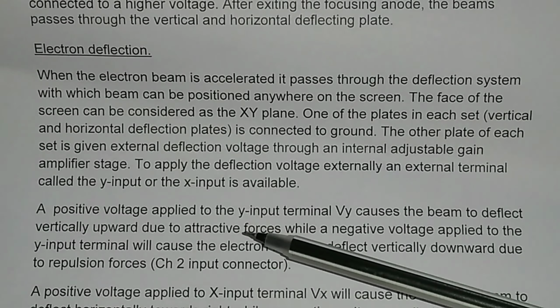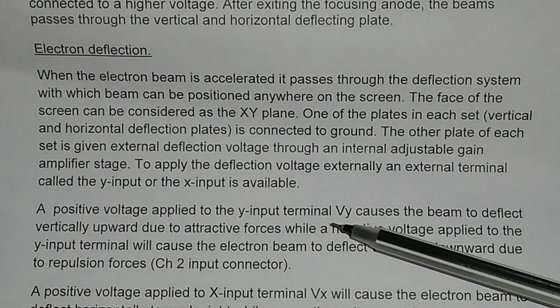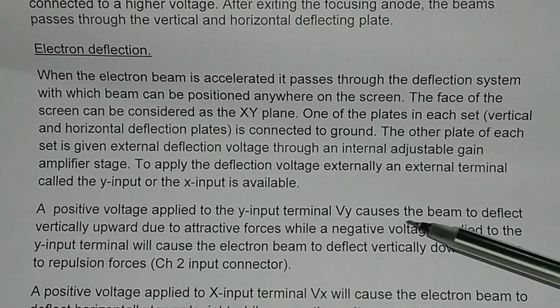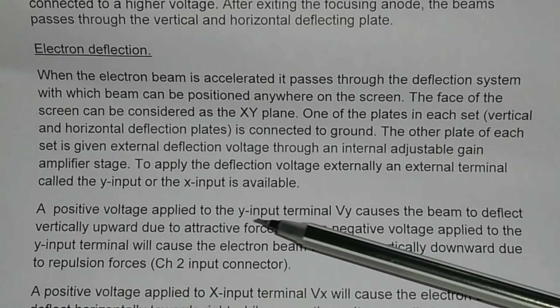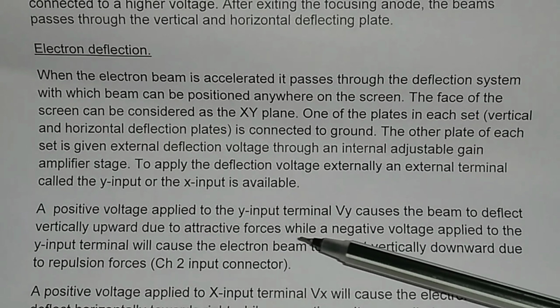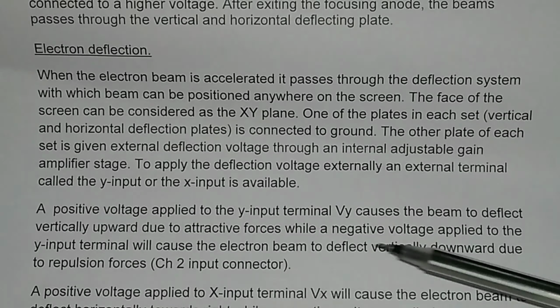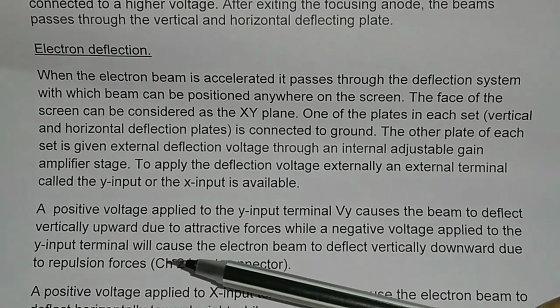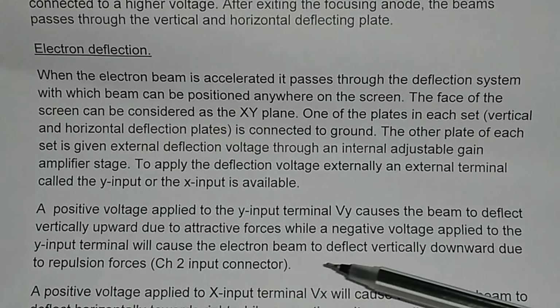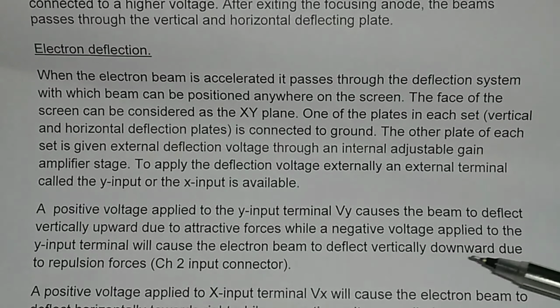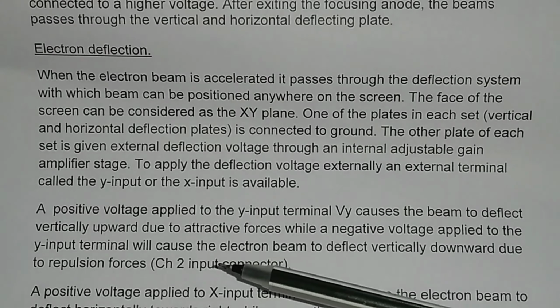A positive voltage applied to the Y input terminal, that is Vy, causes the beam to deflect vertically upward due to attractive forces, while a negative voltage applied to the Y input terminal causes the electron beam to deflect vertically downward due to repulsive forces.